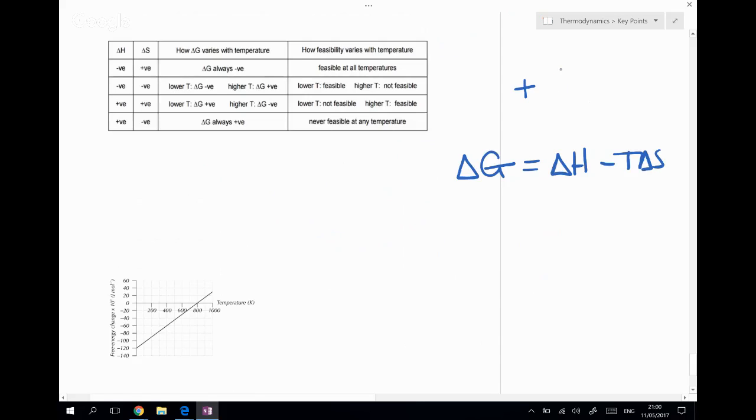Remember, if we're talking about that, and about entropy being positive or negative, we're talking about either an endothermic or an exothermic reaction, and whether the change in entropy is positive or negative. In other words, whether we are seeing an increase or a decrease in the disorder.